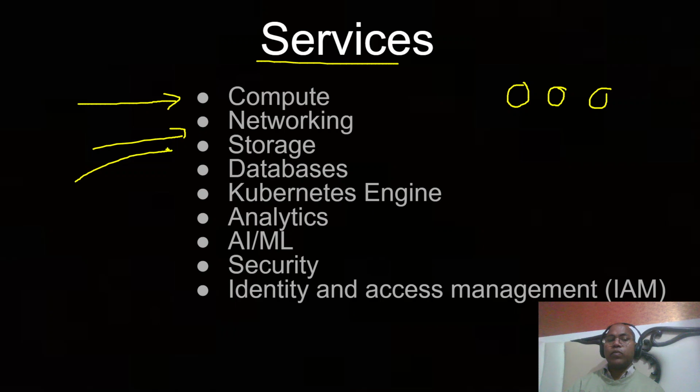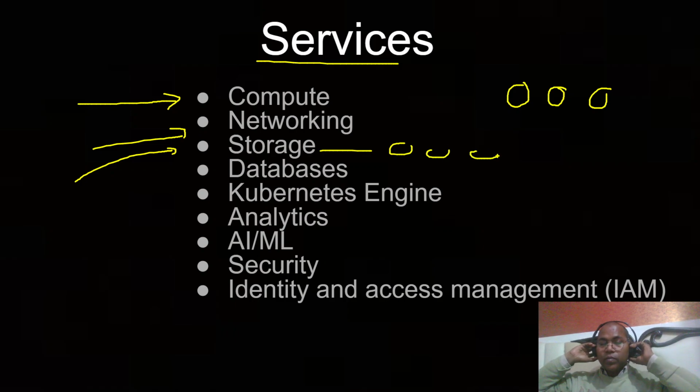Your application also requires storage. For storage, there are different kinds: object storage, file storage, database storage. Those services for databases are specific, and then there are clusters, your orchestration tool, and your container-based applications.